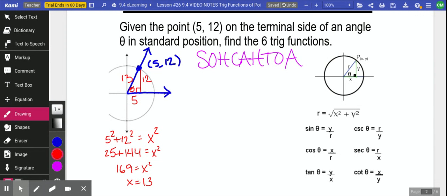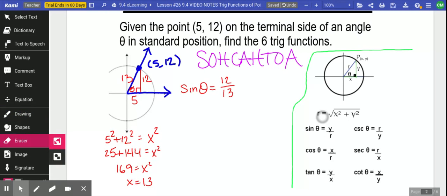And so now we can find all our 6 trig functions. So sine of theta is opposite, which is 12, over hypotenuse, which is 13. So look over here to the right. This is another way that we write these, okay? We have the radius of the circle, that's r.